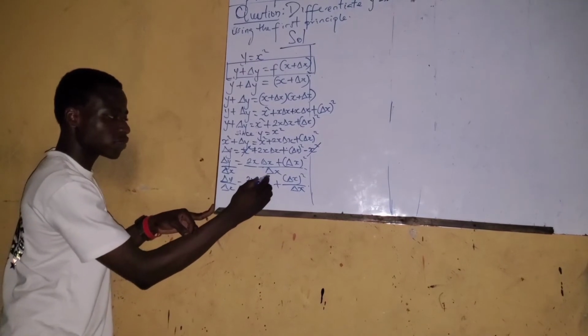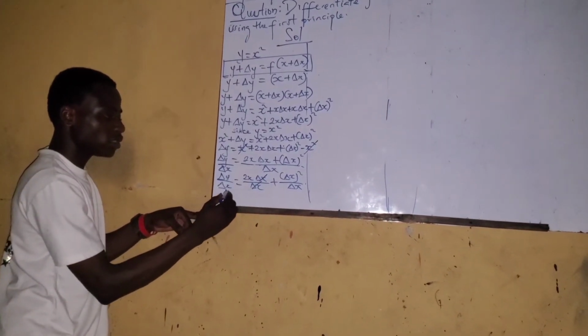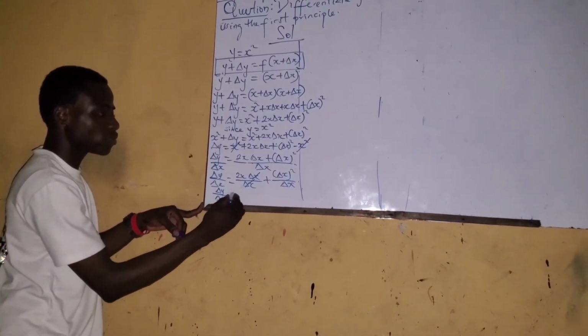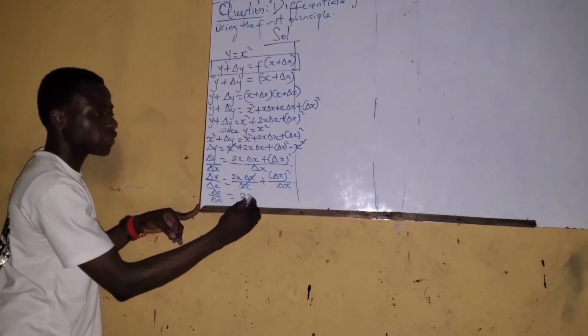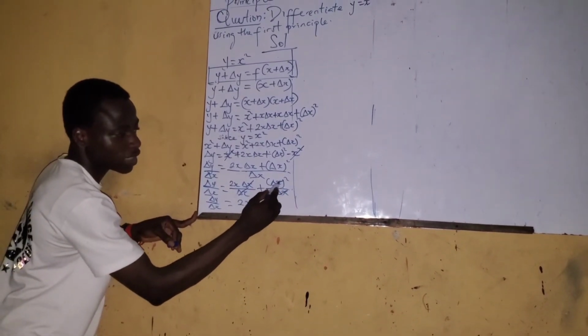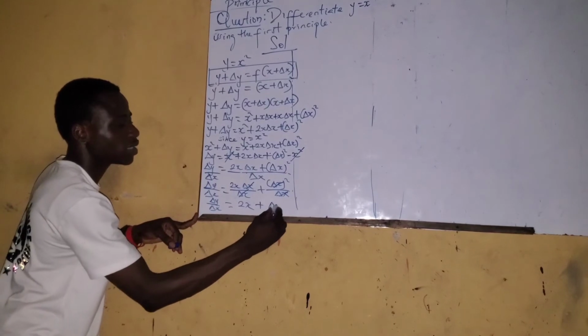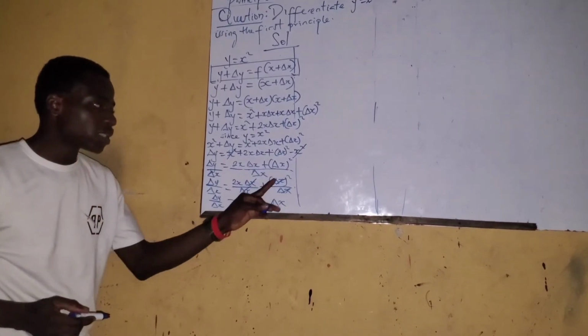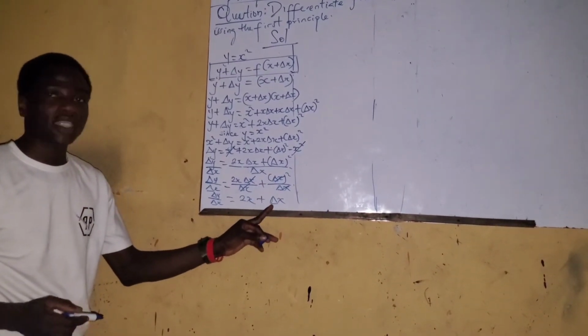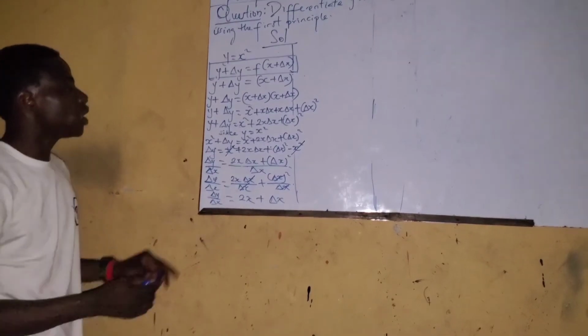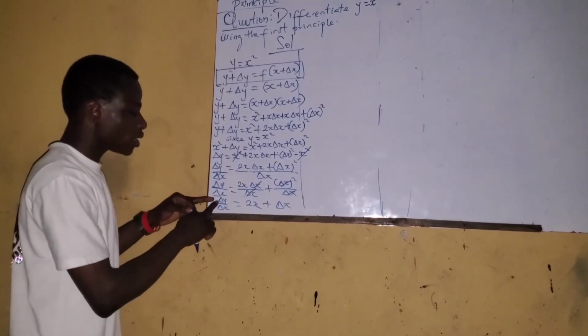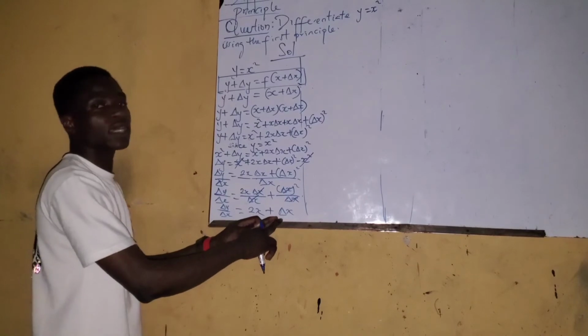Now delta x cancels delta x, so it means delta y over delta x is equal to 2x left. Then if delta x cancels delta x, it remains only delta x. Delta x squared has been cancelled to delta x power 1. So at this point, I will say delta y over delta x equals 2x plus delta x.